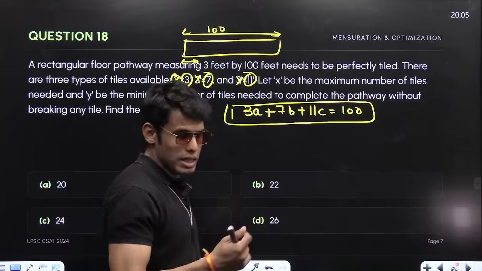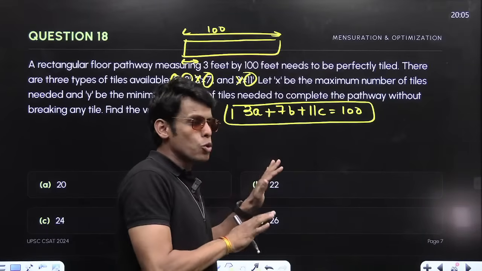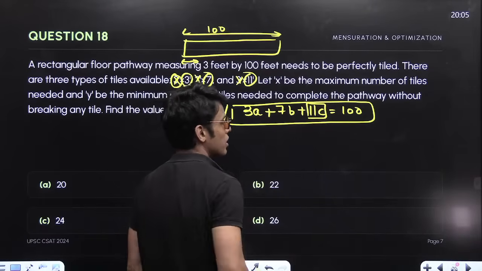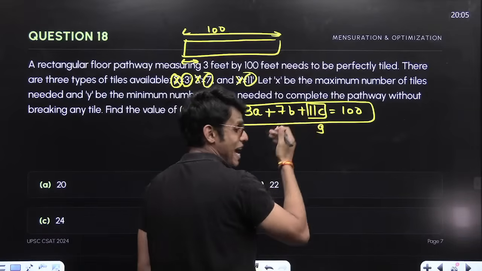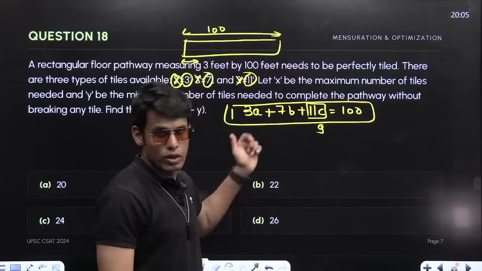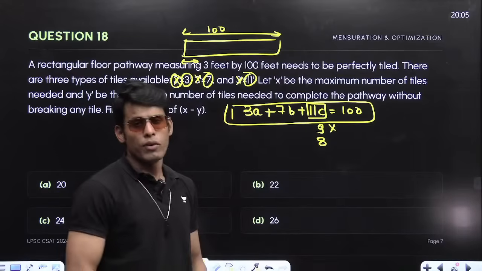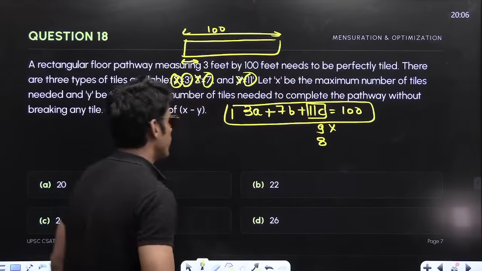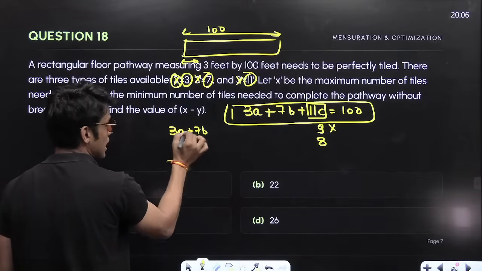Now just imagine if I have to minimize the number of tiles, then I have to increase the value of C. So if I take the value of C as 9, my 99 feet are covered, but then I have to break one tile, which is not possible. So this case is discarded. Next up, we will use 8 tiles of 11 feet. Then I have the remaining equation as 3A plus 7B.